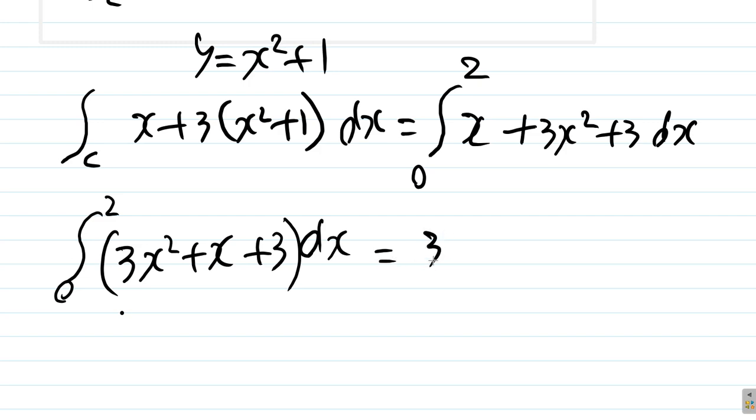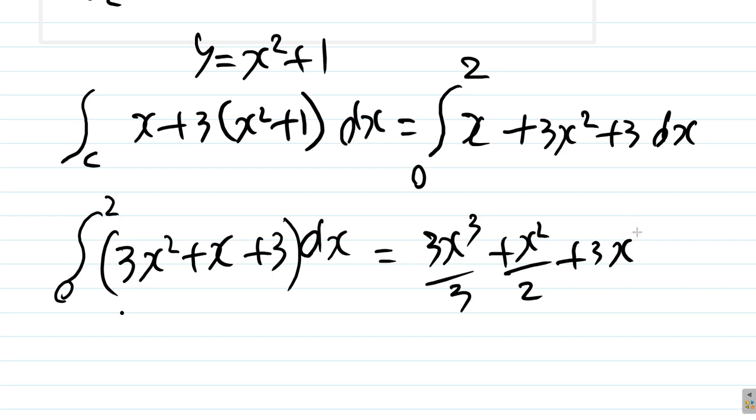So we have 3x cubed over 3 plus x squared over 2 plus 3x. Remember your power rule, right?